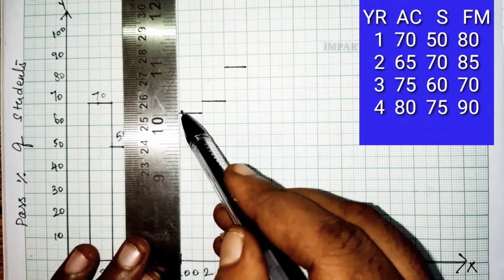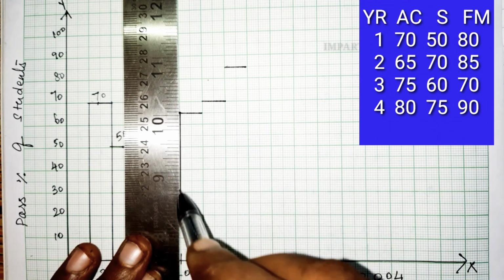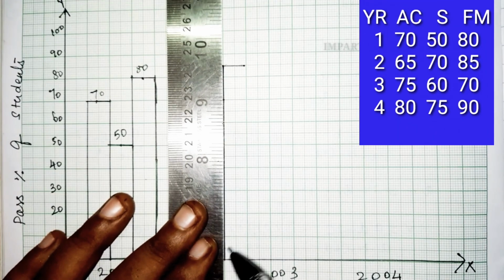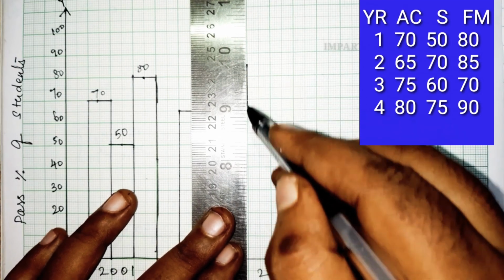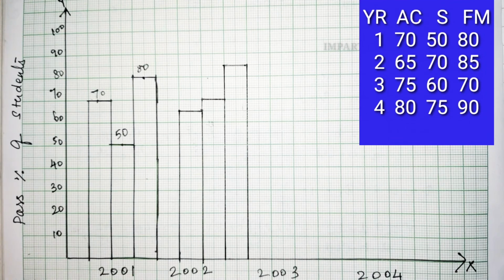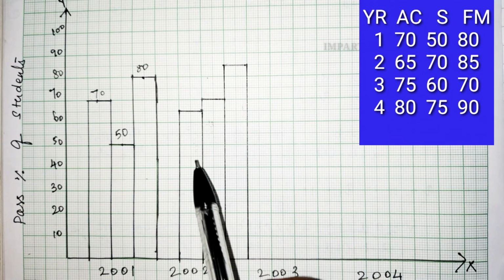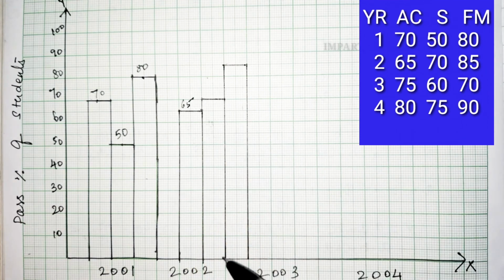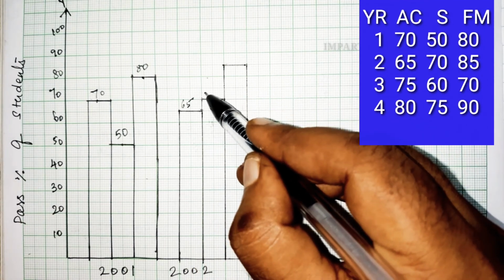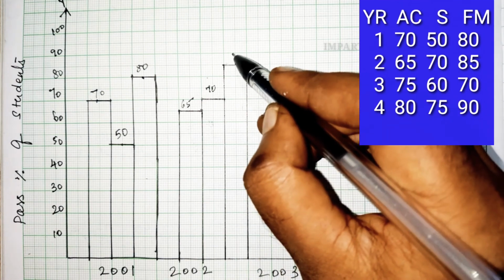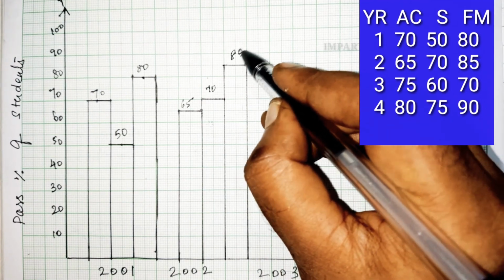So you have to draw a bar. For the year 2002, accountancy is 65, statistics is 70, and finance management is 85.